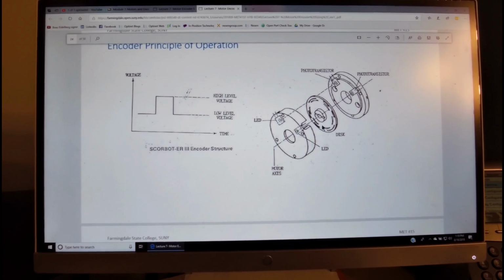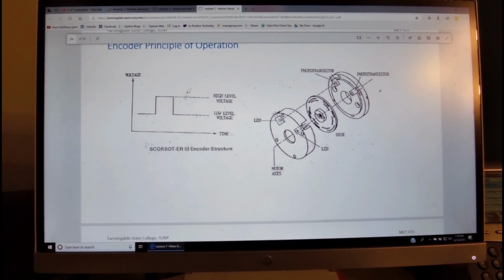Here's another example that shows the specific encoder we use on a Scorbot that we have in the lab. We see here the slotted disc, and over here the LED, and the photosensor separated by 90 degrees.